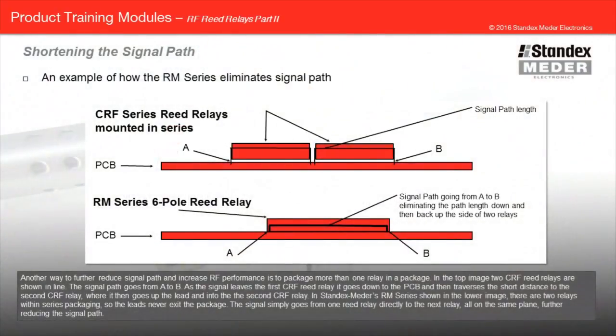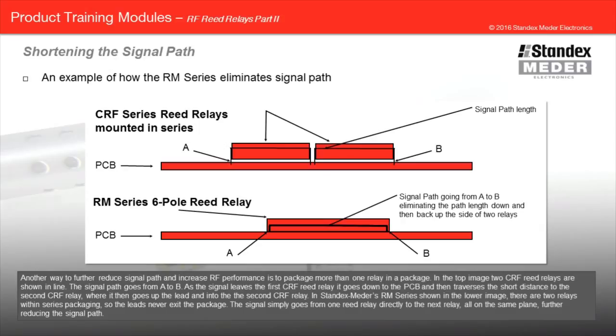Another way to further reduce signal path and increase RF performance is to package more than one relay in a package. In the top image, two CRF reed relays are shown in line. The signal path goes from A to B. As the signal leaves the first CRF reed relay, it goes down to the PCB and then traverses the short distance to the second CRF relay, where it then goes up the lead and into the second CRF relay.